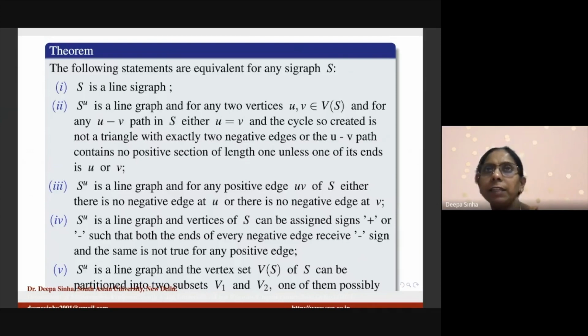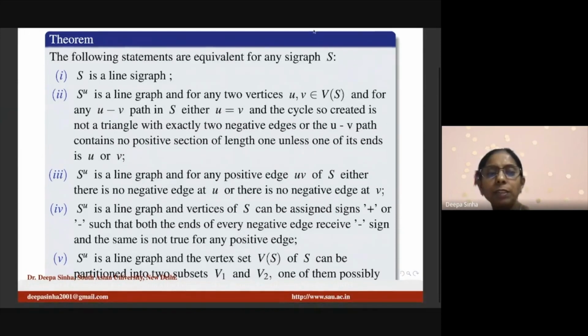And there should not be any path P3 on four vertices such that the central edge is positive and both the end edges on its sides are negative. Because if you give the negative marking to the end vertices of the negative edges, then the positive edge also receives the negative marking, which is not correct. So it has to have the sign compatible property.